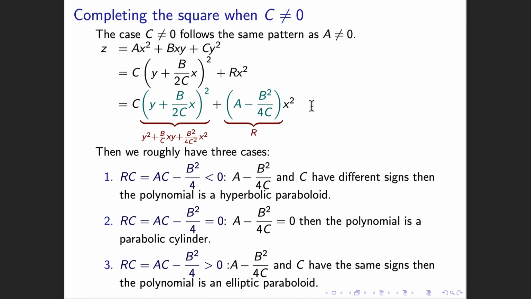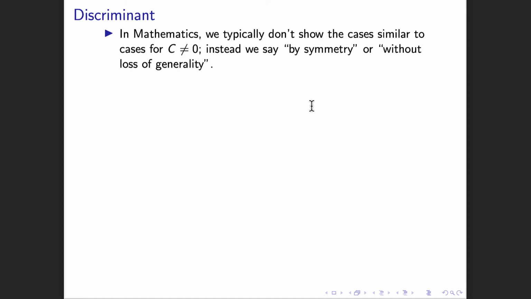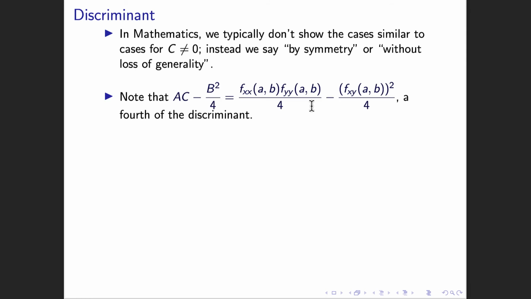So C not equal to 0 is a very similar case as A. In mathematics, we typically don't show the cases similar to the cases for C not equal to 0. Instead, we say by symmetry or without loss of generality.